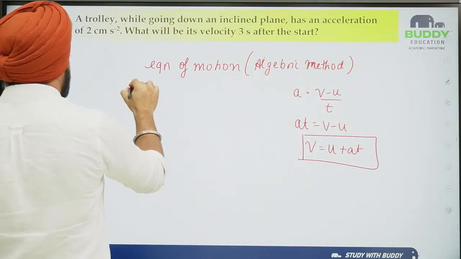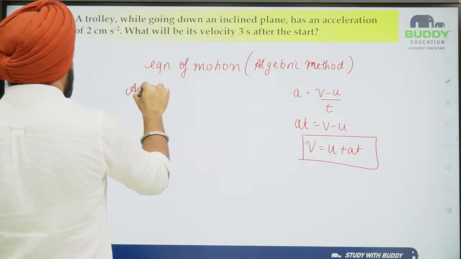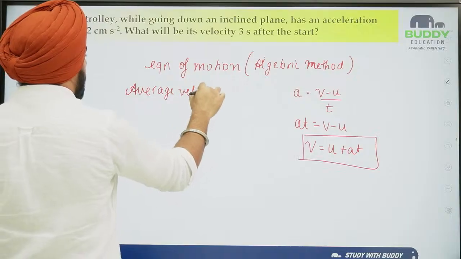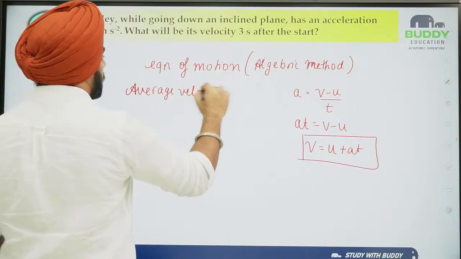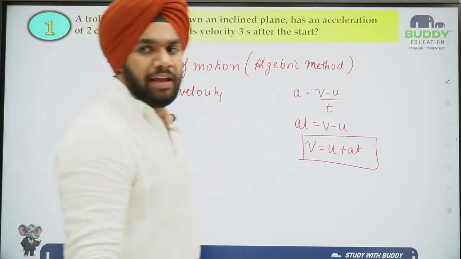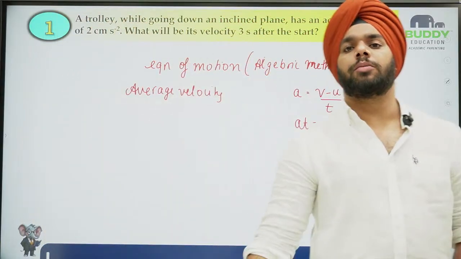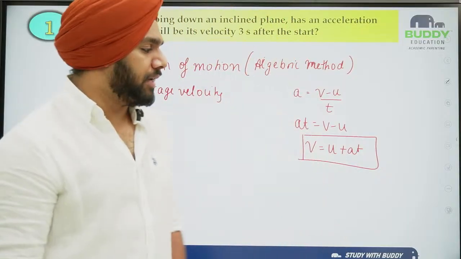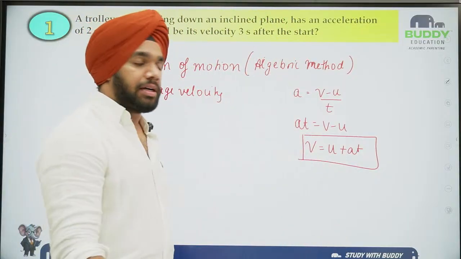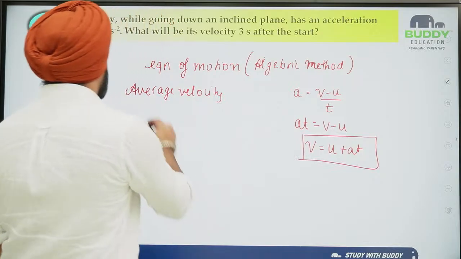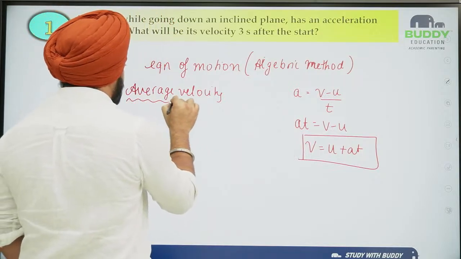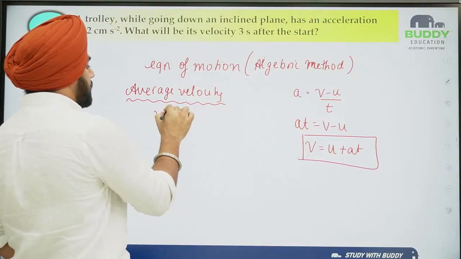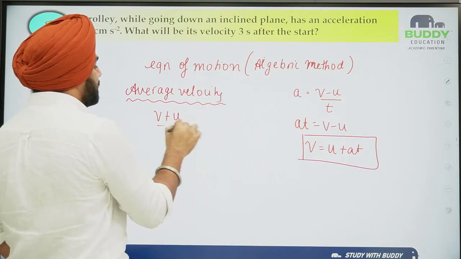If we want to find out average velocity, now take a look. For average velocity, normally the formula is total displacement upon total time, or net displacement upon net time. But there is one formula for a particular situation, (v plus u) by 2.